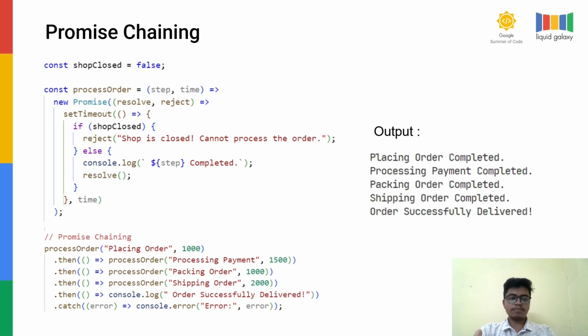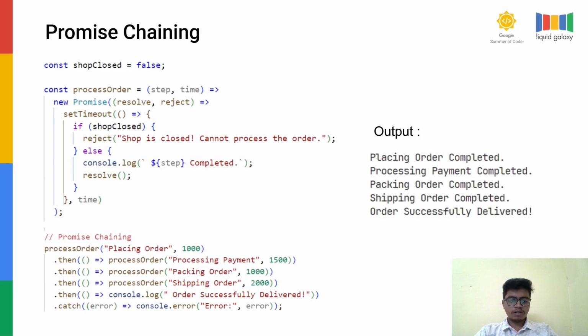This will again be a promise, so we can again apply .then here. In this .then we again call the processOrder function, which returns a promise, so this one also becomes a promise.